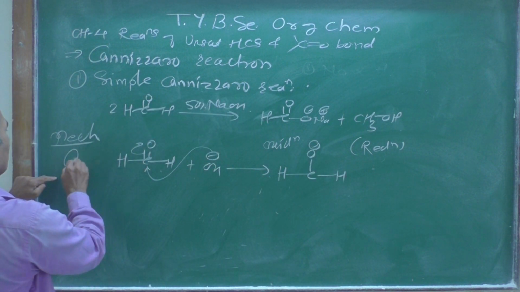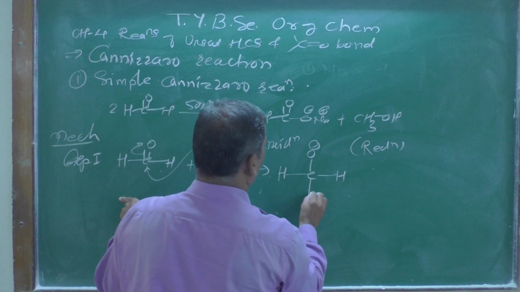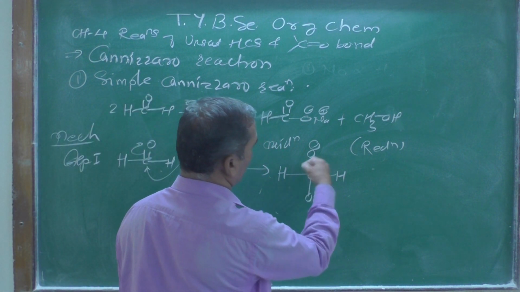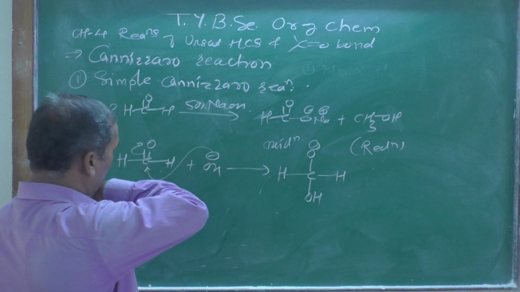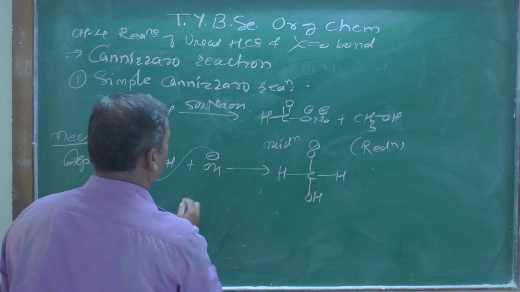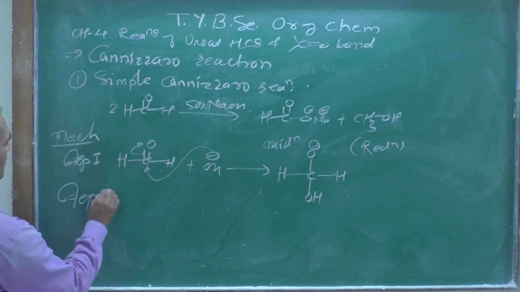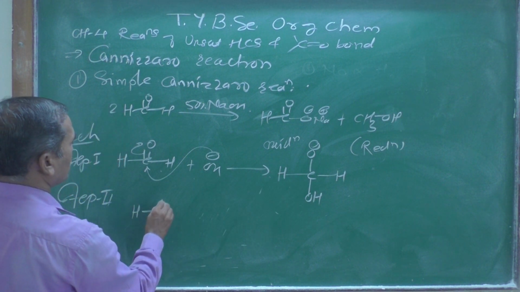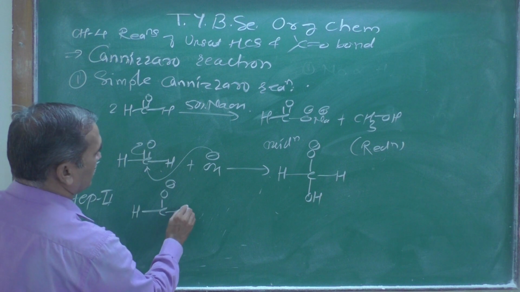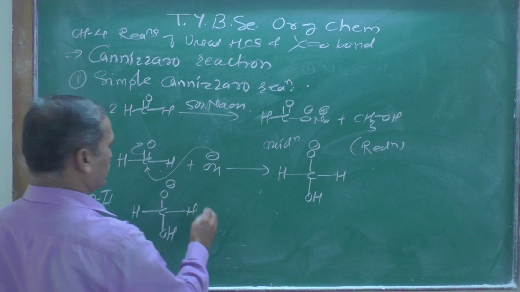This is step number one. Now this is an alkoxide type of thing we are getting in the first step, and that is step number two. Now this one H, then CO minus, then here you can write H, then there will be an OH.